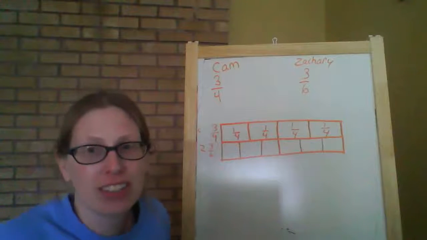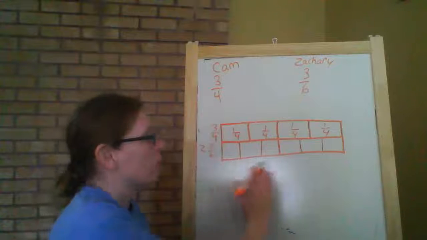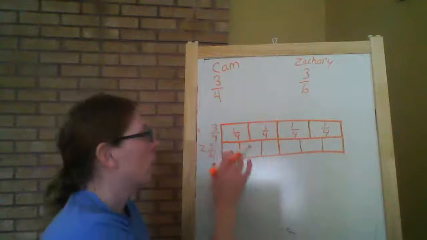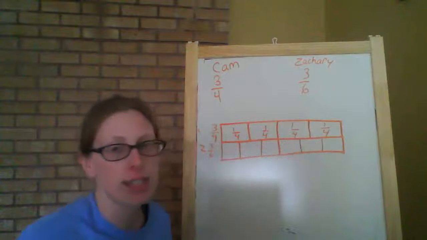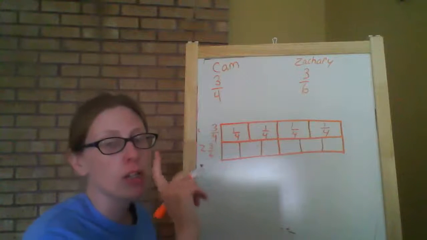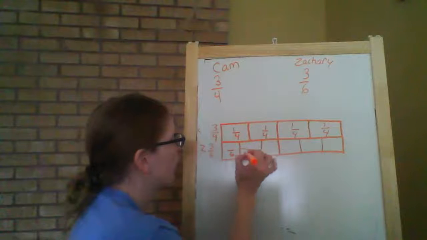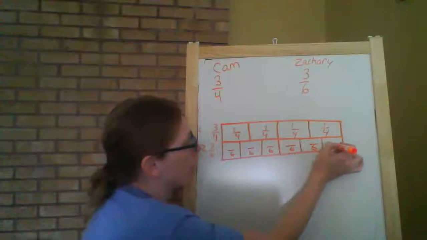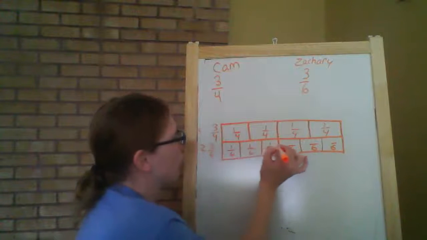It's 1/4. Yay. At the bottom now, I'm going to count how many equal parts I have. 1, 2, 3, 4, 5, 6. 6 equal parts in the one whole, so 6 is my denominator. And I'm going to label the unit fraction, each of them being 1/6.